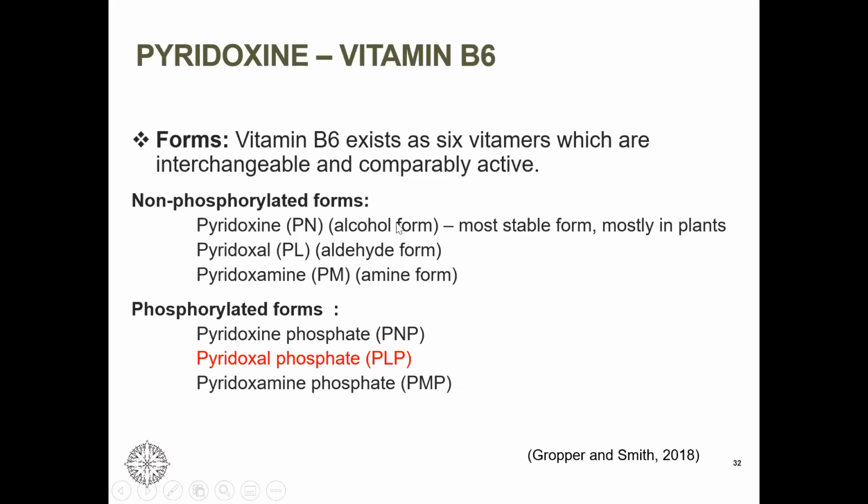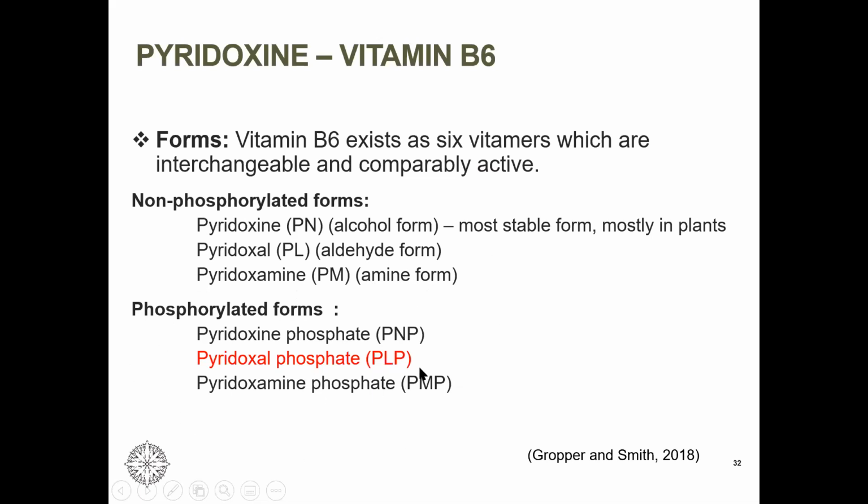So the non-phosphorylated form is pyridoxine. Now I've written alcohol form here. It doesn't mean ethanol. It actually means the functional group that is attached to the structure. Pyridoxal is the aldehyde form which has a CHO attached. And pyridoxamine, as the name suggests, has its functional group as amine.